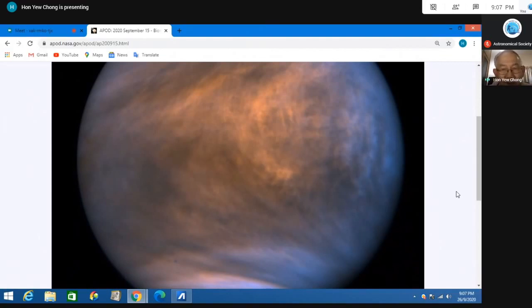But later on, the Japanese rocket engineers, where is the Japanese Cape Kennedy? Not in Florida, no. Tanegashima Island in southern Japan near Kyushu. All right. So then the rocket engineers in JAXA were able to change the trajectory of Akatsuki. So later on, Akatsuki successfully entered into orbit around Venus.